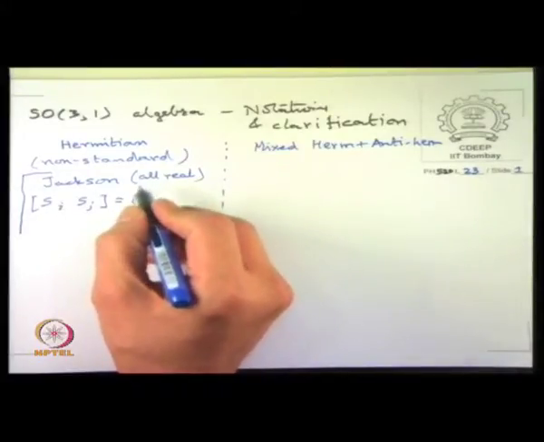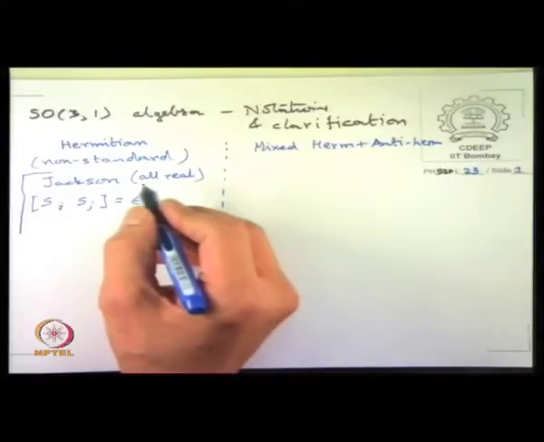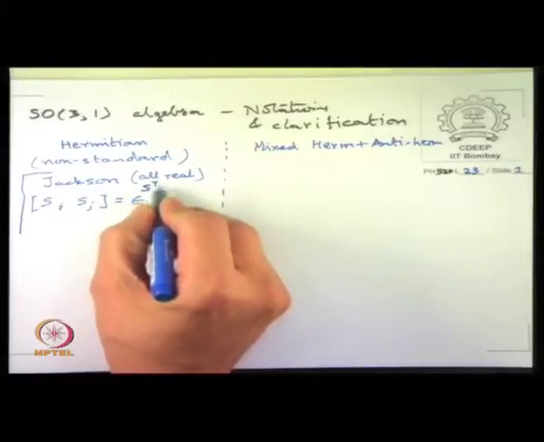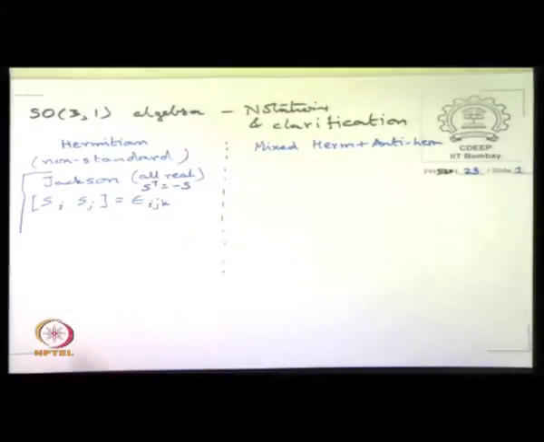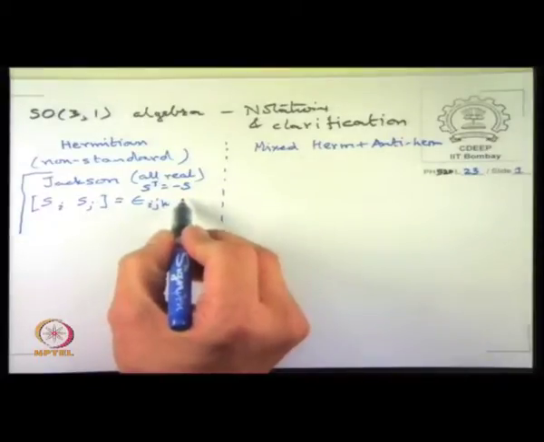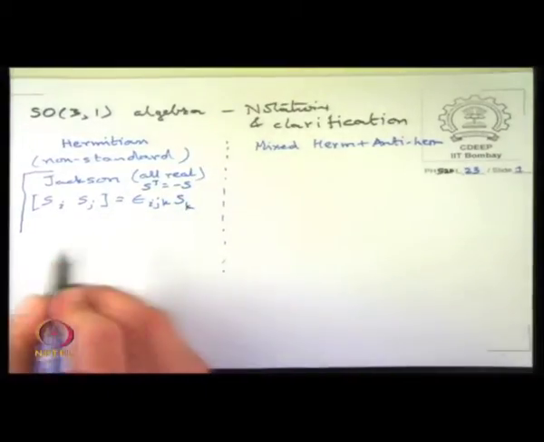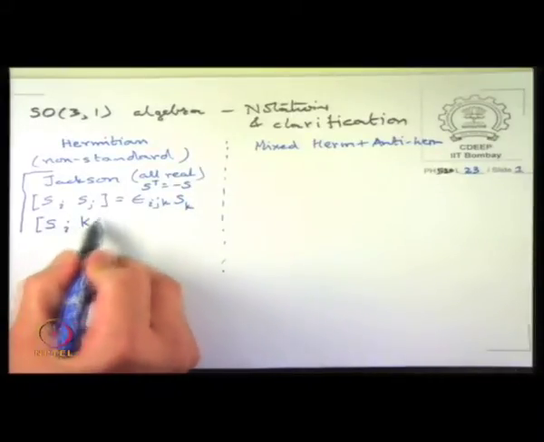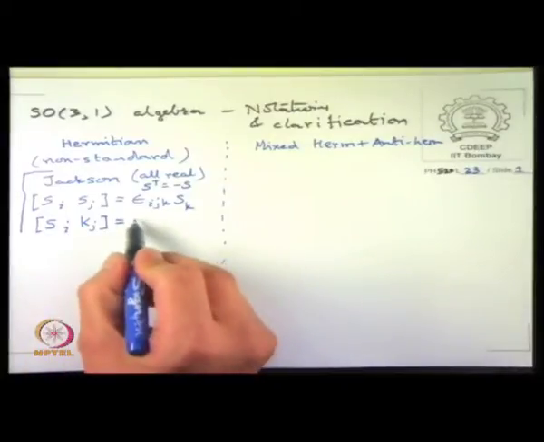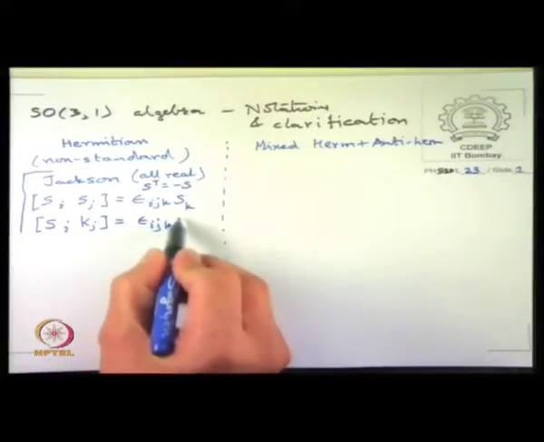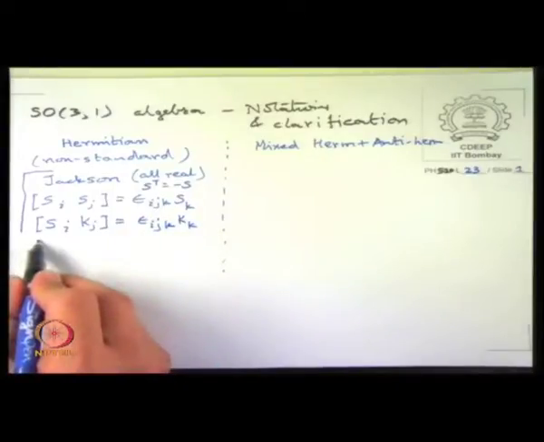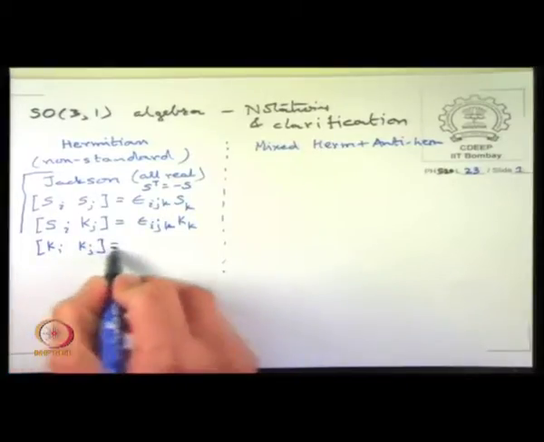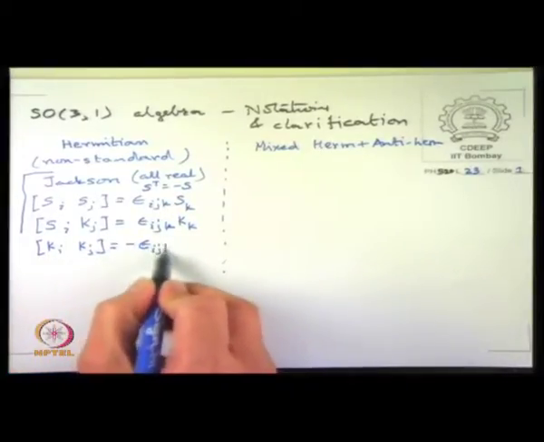So the rotation matrices are antisymmetric, and he uses S transpose equal to minus S. That is how his rotation matrices are, and so he has S_i S_j equal to epsilon_ijk S_k, and K_i K_j equal to minus epsilon_ijk S_k.